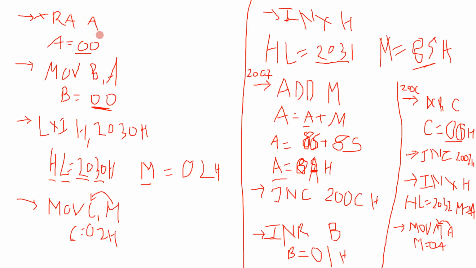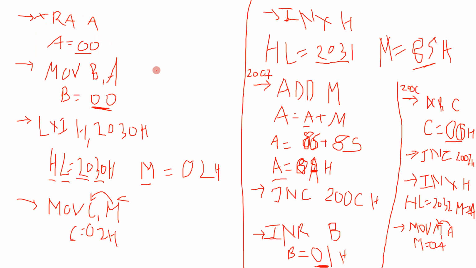After this there is an instruction again INX H, because we have to store the higher order byte at location 2033. We have to store the contents of B register in 2033.